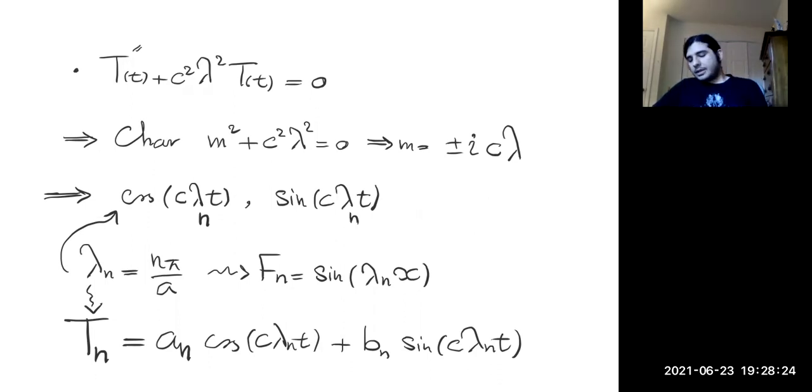Another point here is that the equation itself doesn't tell us anything about an and bn. We should use the initial condition to find them. We are going to do that. Any question up to this point in finding f and finding t, fn and tn? It's very similar to the things we did before.